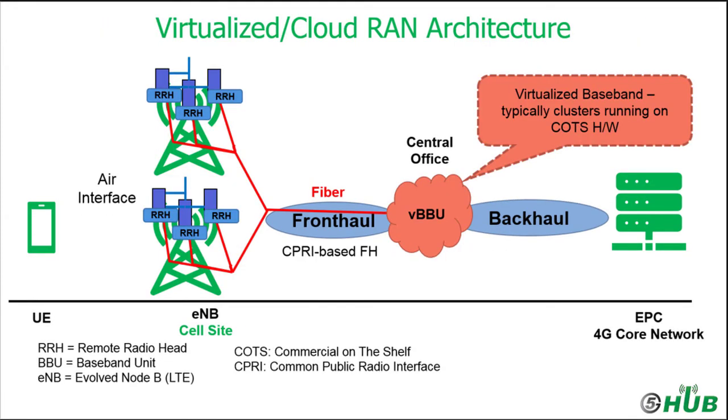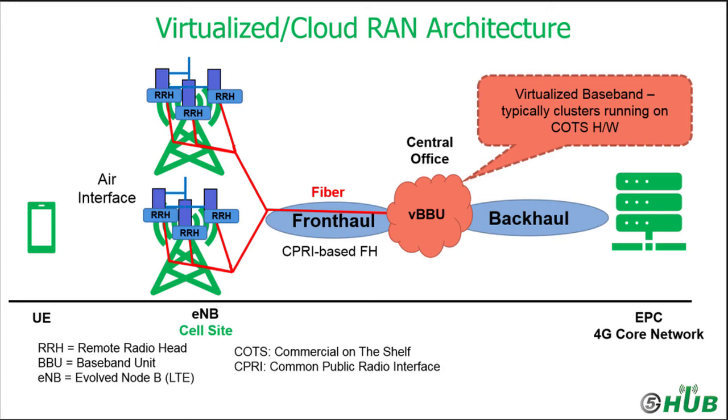Now, the next step is virtualized or cloud RAN, or vRAN. Virtualized RAN overcomes the limitations of CRAN by leveraging virtualization. So the virtualized RAN architecture is virtualized BBUs running on general purpose hardware in mobile data centers or at the cell sites or other network edge data centers, and RRUs located at the cell site.